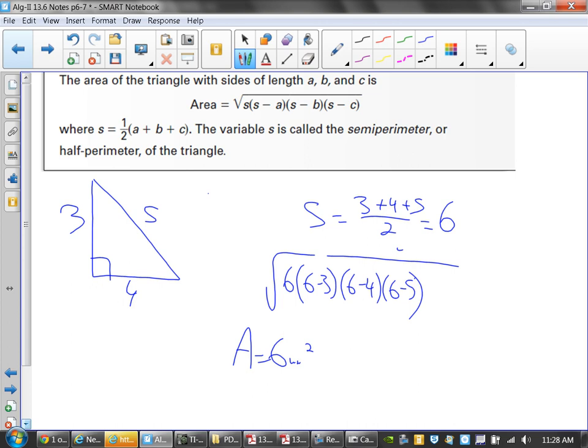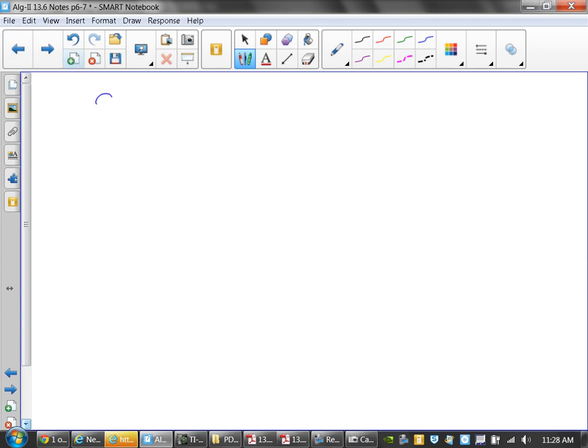Let's say A is 10, B is 15, and C is 25. I think that's 3 numbers that work cleanly. 15, 20, 25. All right, 15, 20, and 25. Let's say those are our 3 side lengths. Again, what we're going to do is just add the 3 numbers together.